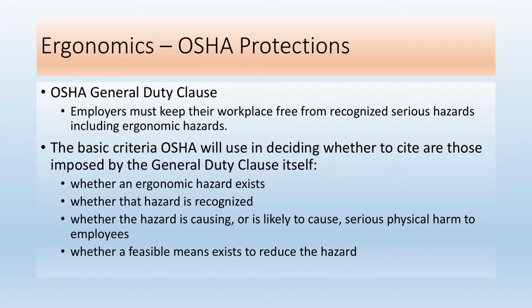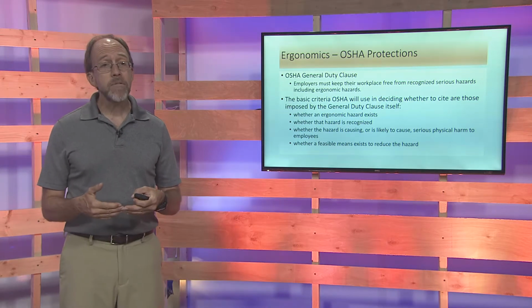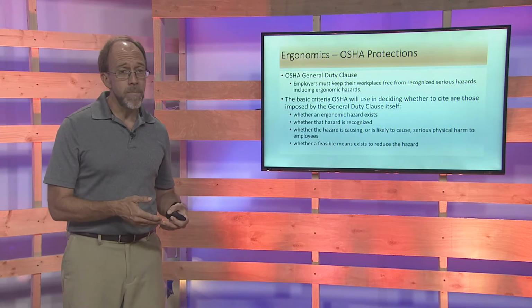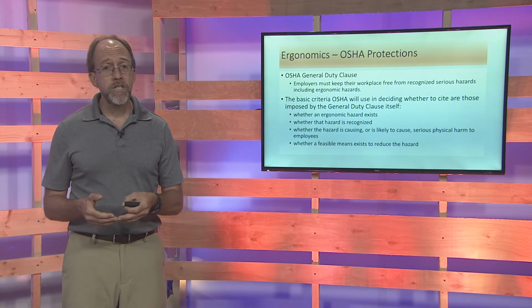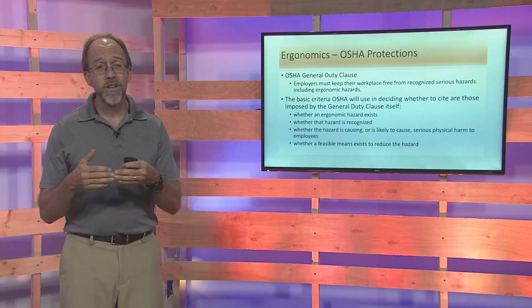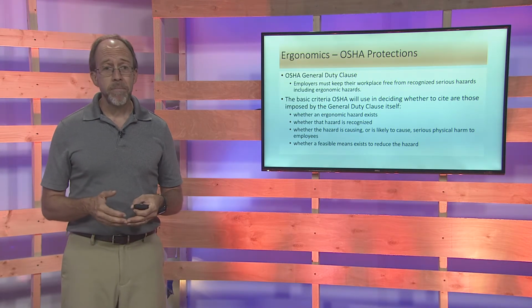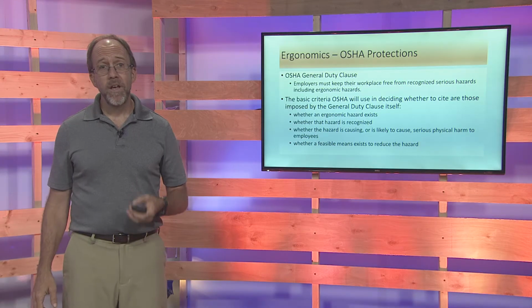Companies do have a responsibility, because claims can be made against the company under the OSHA general duty clause. So the company has to be aware of potential ergonomic issues and make plans to ensure that these types of injuries do not occur.